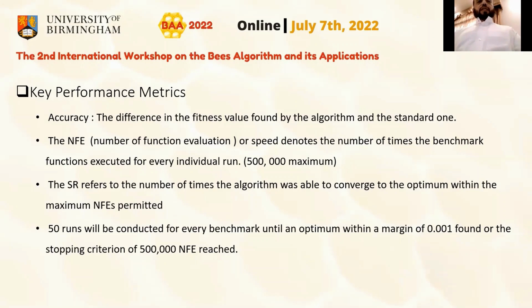If it's less than that, it will be according to the percentage of convergence. 50 runs were conducted for every benchmark function until the optimum within a margin of 0.01 was found, or the stopping criterion of 500,000 NFV was reached.